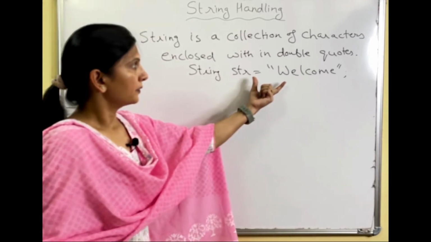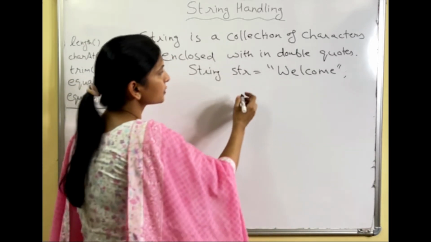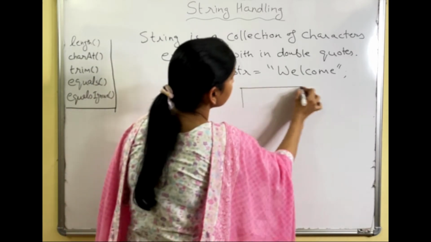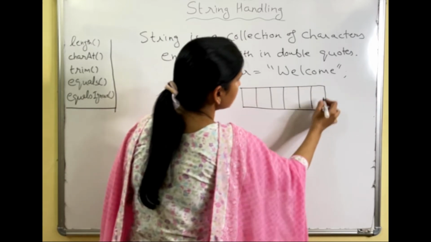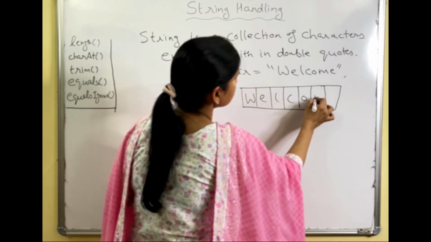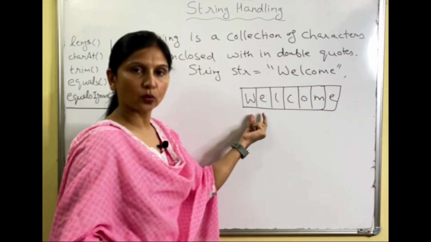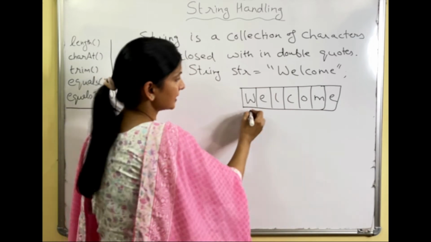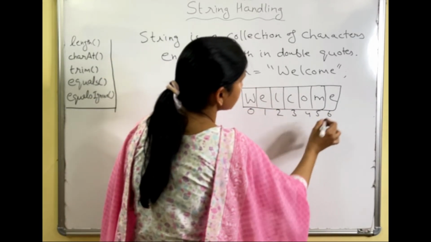Now when this string is stored in computer memory, how does it store? It stores as a sequence of characters like this. And each character has its own index like 0, 1, 2, 3, 4, 5, 6.